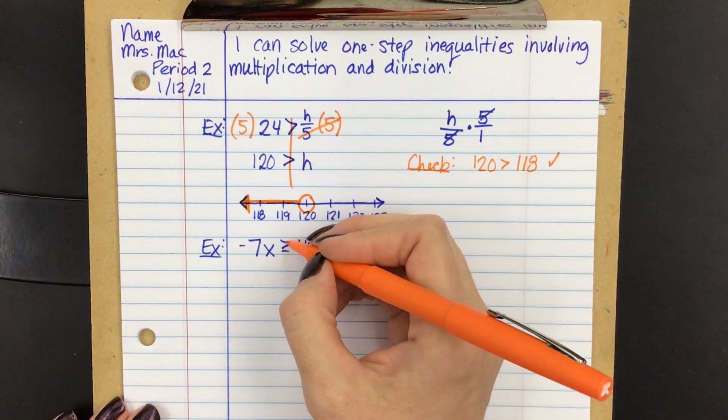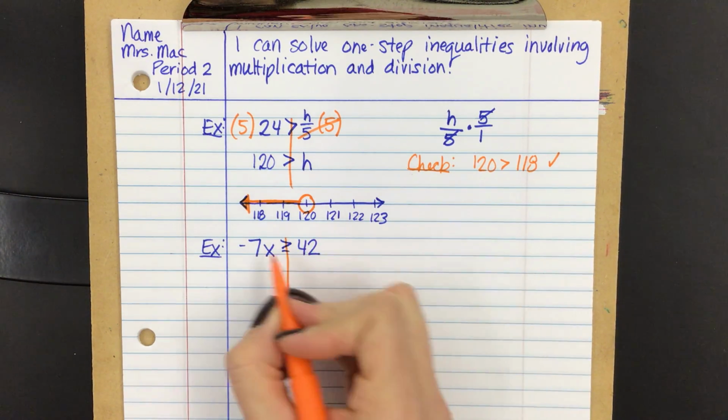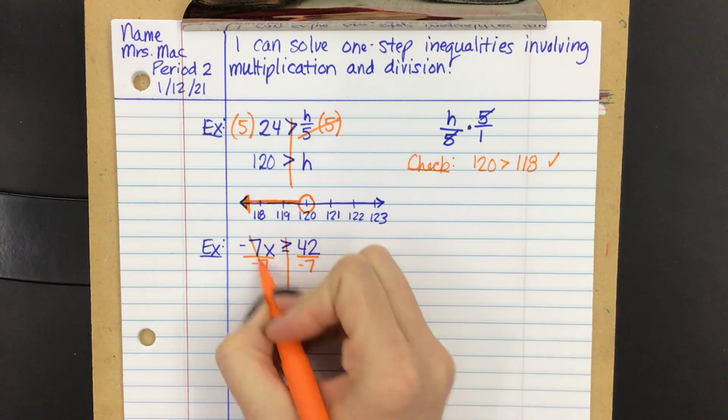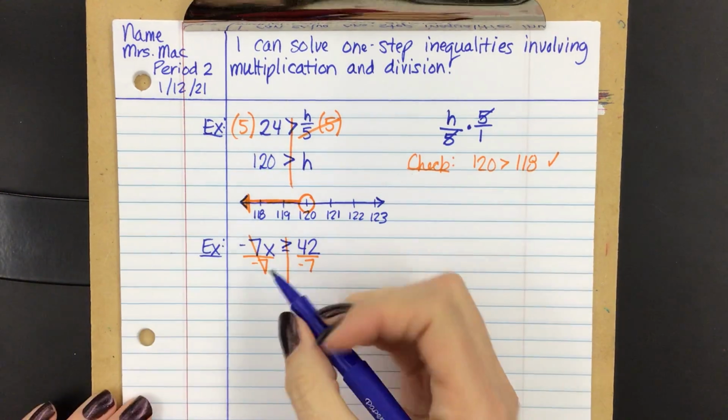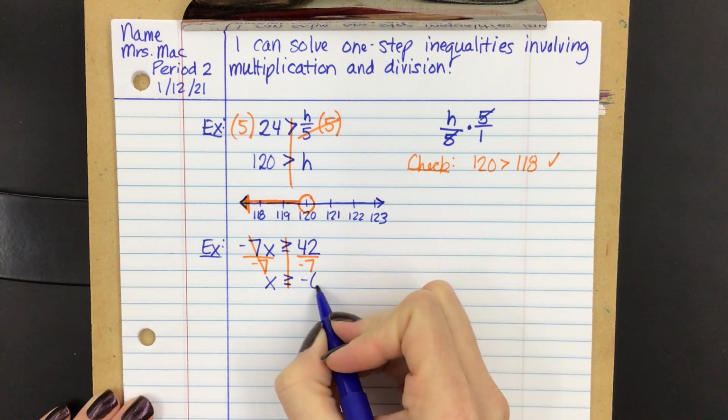So I'm going to do my balance line. I'm going to use inverse operations. I'm going to divide both sides by -7. And I get that x is greater than or equal to -6.